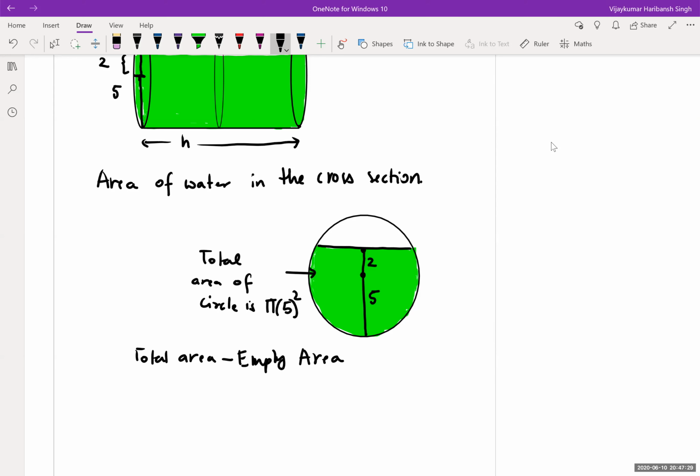The white is the empty area. And if you multiply that by h, that will give you the volume of water.